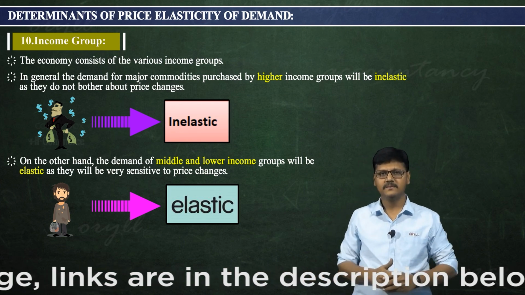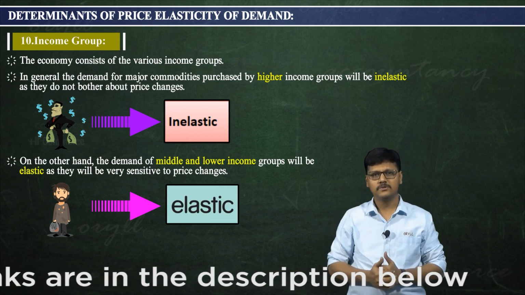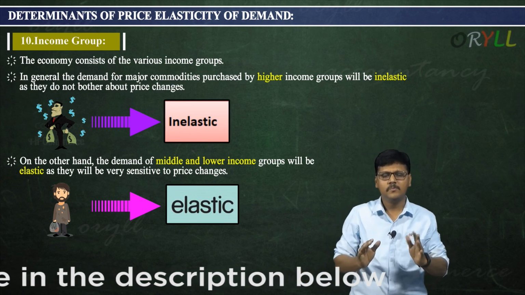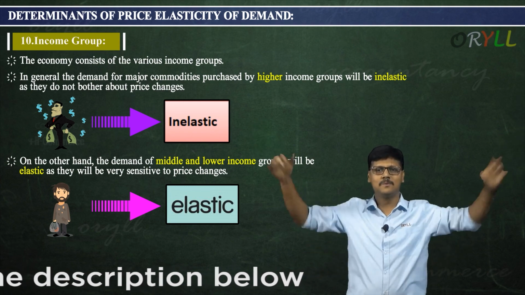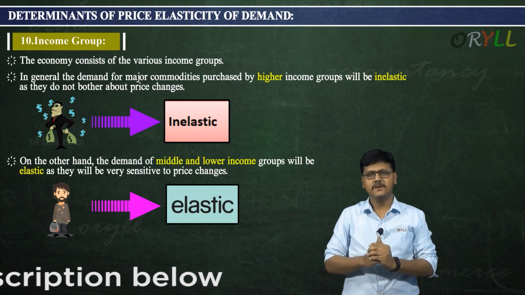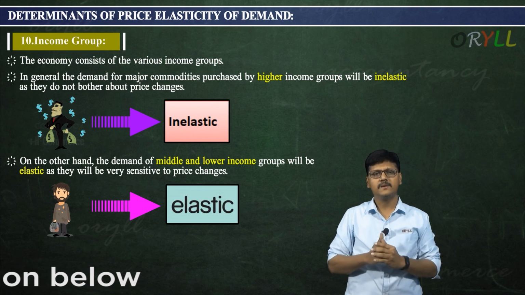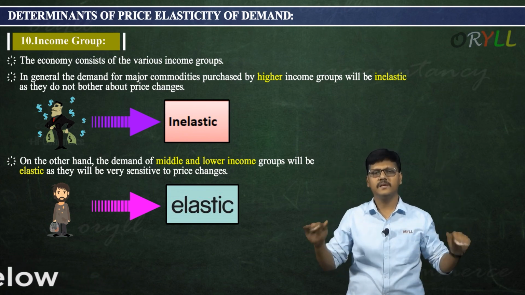And at Brand Factory, buy 2000 and we will give you 4000 rupees worth of clothes. So these middle and lower income group people rush to Brand Factory and they will stand in queues and they will buy a huge amount. So the elasticity for lower income and middle income group people will be elastic. For higher income group people, it is inelastic.